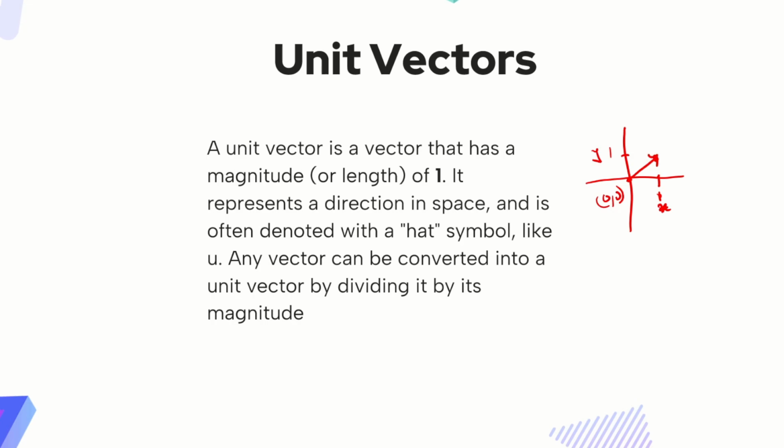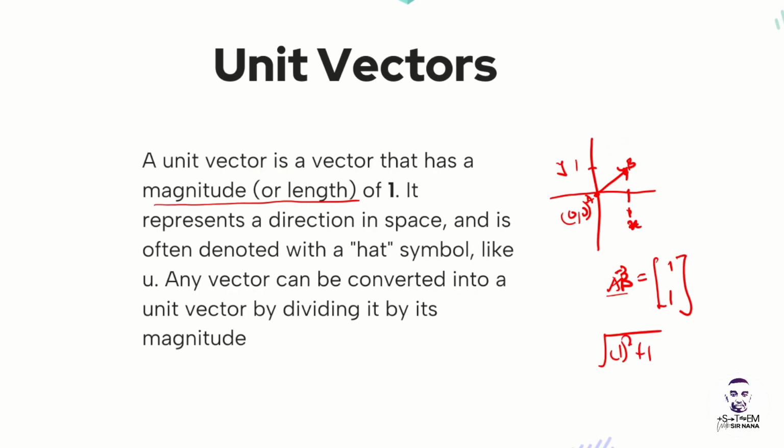If this is A to B, this will represent a unit vector. The length or the magnitude of a unit vector should be 1. For instance, with this vector, the square root of 1 squared plus 1 squared should be equal to the square root of 1, which is equal to 1. So the magnitude is 1.